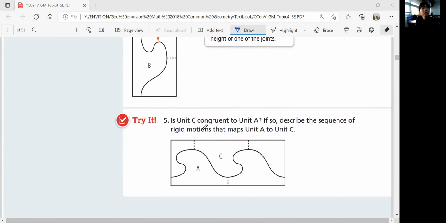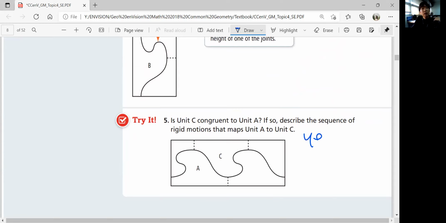So let's look at number 5. Is unit C congruent to unit A? Are they congruent? They fit perfectly, right? So yes, it's congruent, but how would we describe the sequence of rigid motions? You can rotate it or you can reflect it, right? And then reflect it again, right?